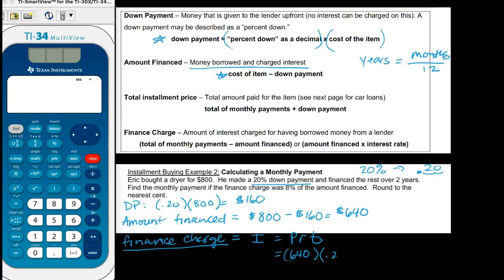The rate is 0.20, and the time, he's going to pay it off over 2 years, so we put in a 2 there. I'm just going to multiply 640 times 0.20 times 2. And that gives us 256. So that's $256.